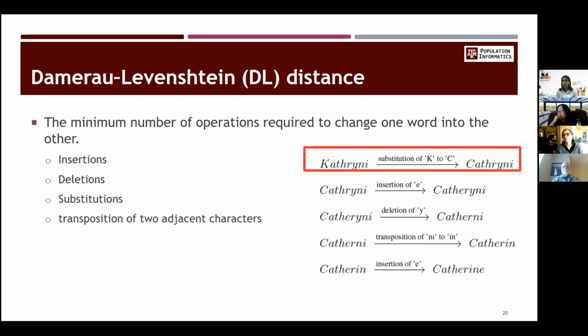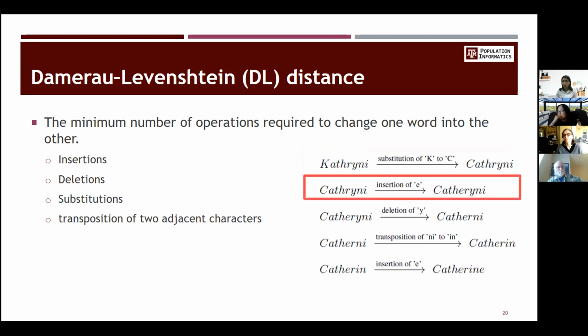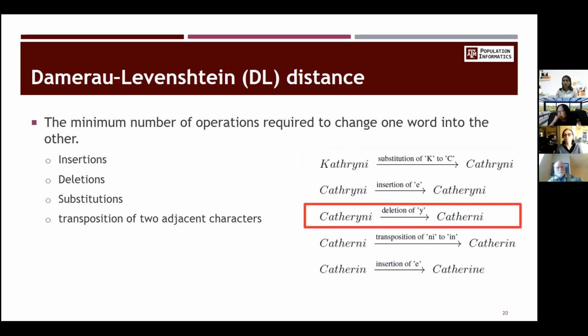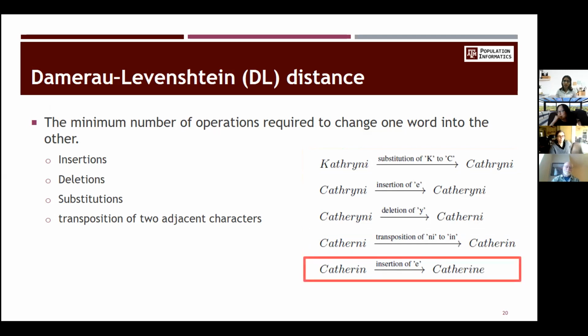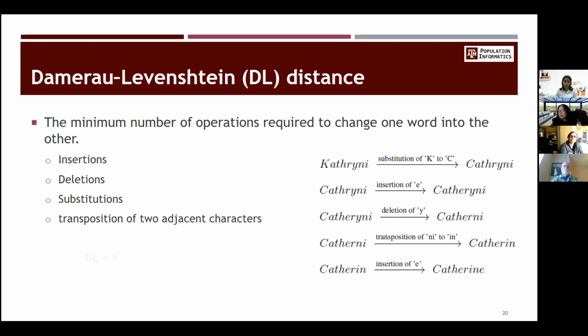First, we need to substitute K with C. Then we add E after H. After that, we delete the Y and transpose NI to IN. And finally, we insert an E at the end of this string. Because we had 5 operations to change one string to the other, the DL distance is equal to 5.